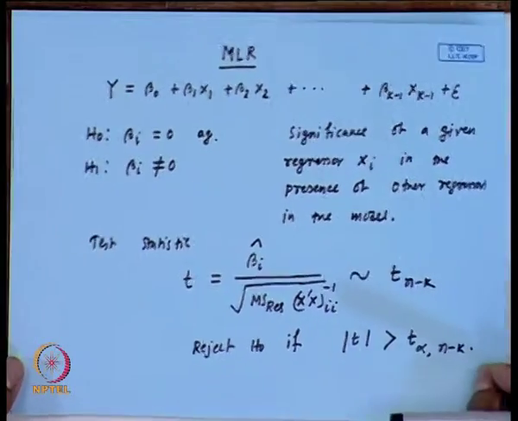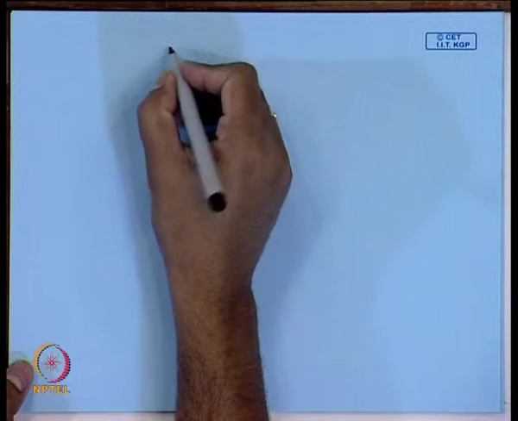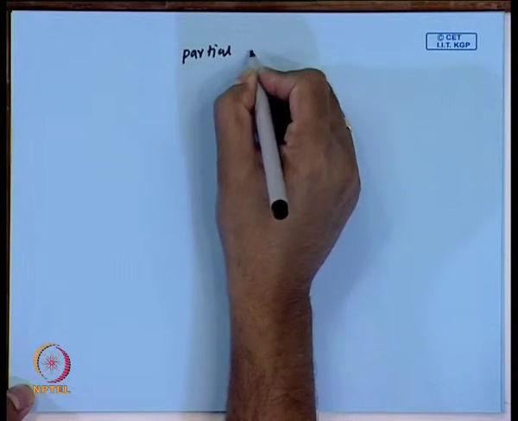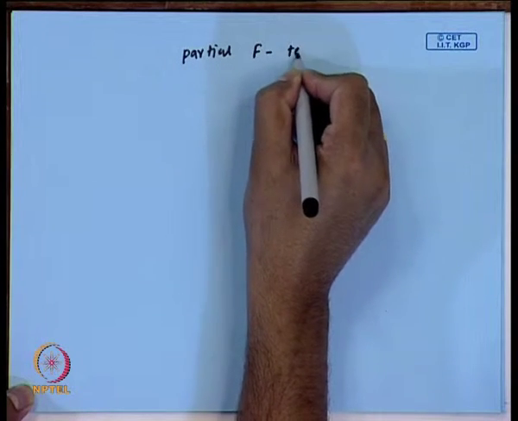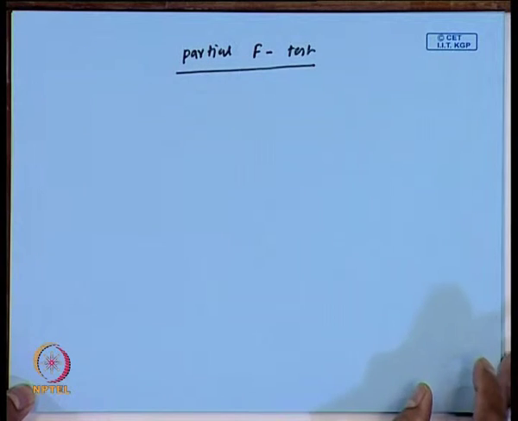Now, this can also be tested using the F statistic, that is the extra sum of squares approach. We call it the partial F test, and we will be using this partial F test repeatedly today.